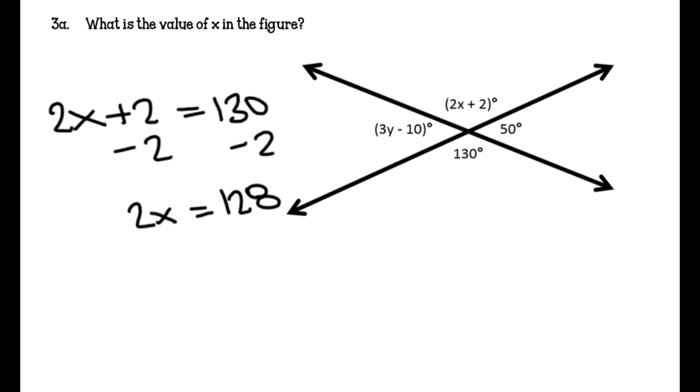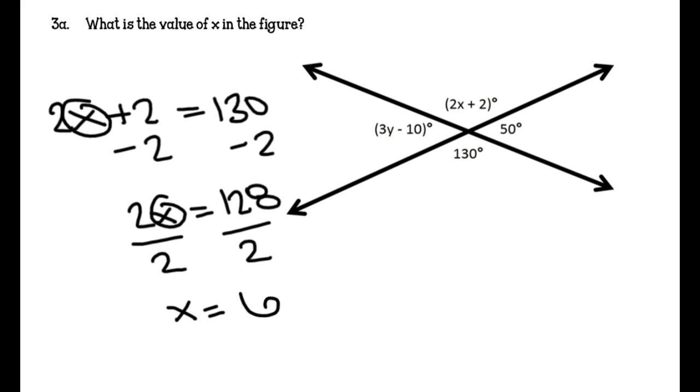Remember, this is solving for x like what we learned in chapter 6. Hopefully you remember it; if not, you might want to go back. This is a two-step equation, I think in 6.4, whatever that is. To get x by itself, we divide by 2. So x is equal to 64, and I circle it, and that's my answer.